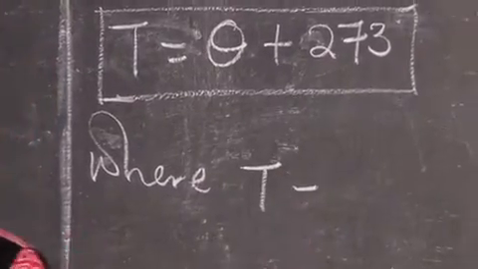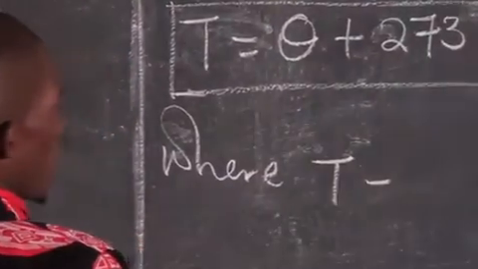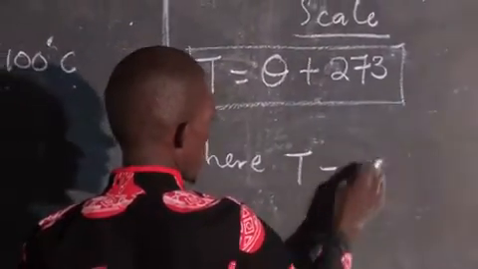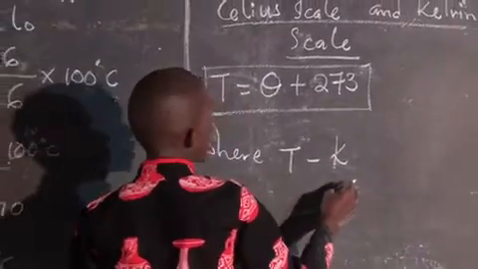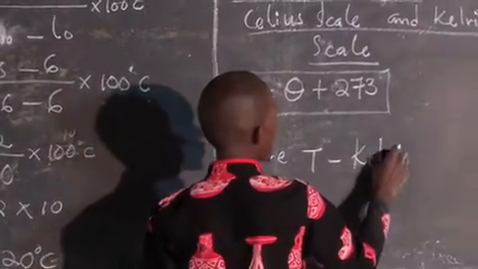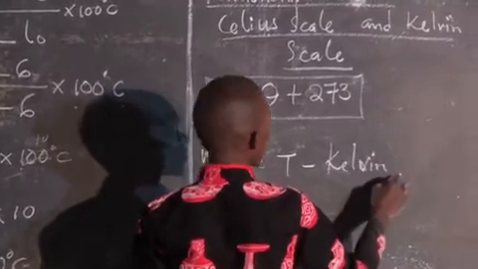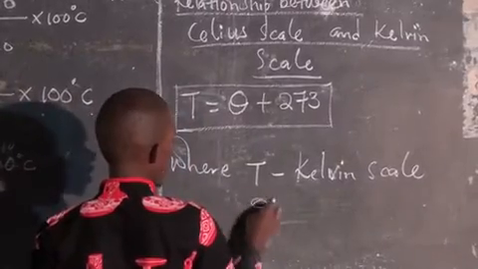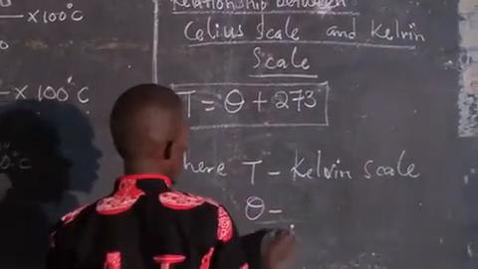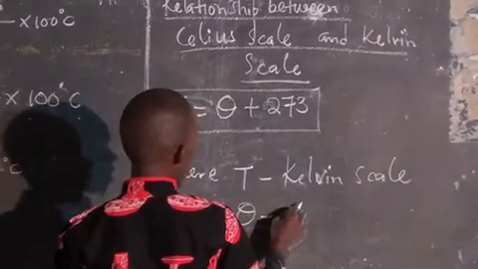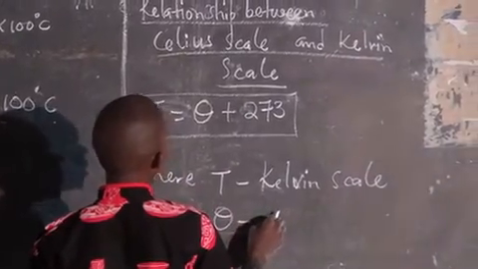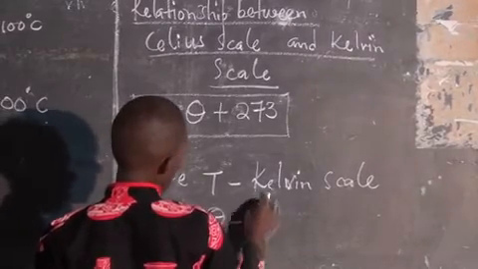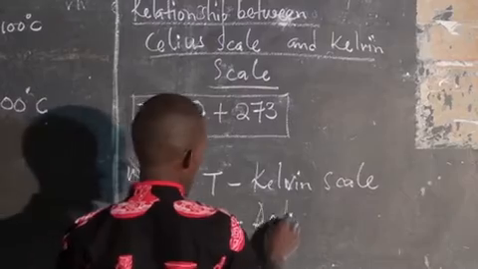Where T is the temperature on the Kelvin scale, and theta is the temperature on the Celsius scale, in degrees Celsius.